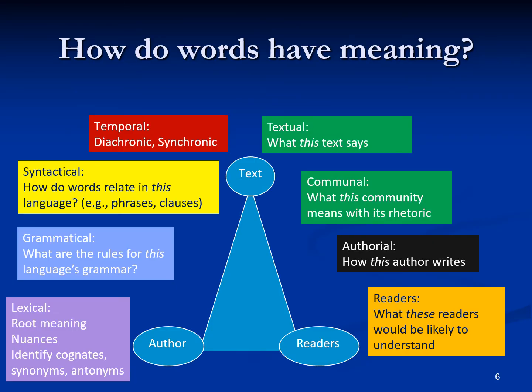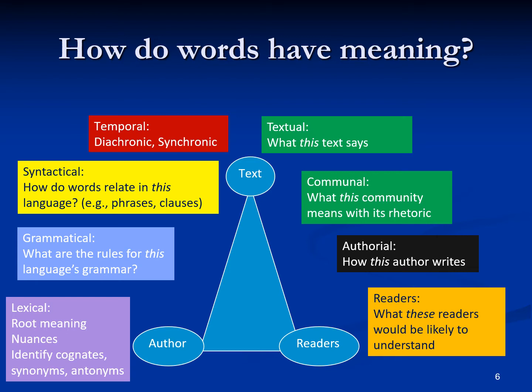Well, we need to stop and ask the question, how do words have meaning? We've been talking about this a bit, but perhaps with this slide we can highlight several different areas to consider in answering the question, how do words have meaning? And this then sets us up for how do we go about doing word studies.